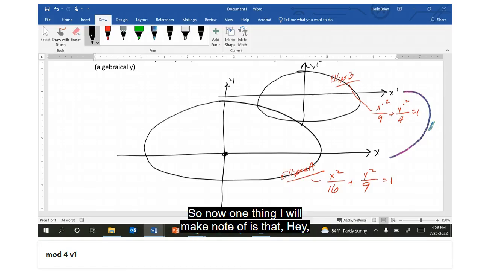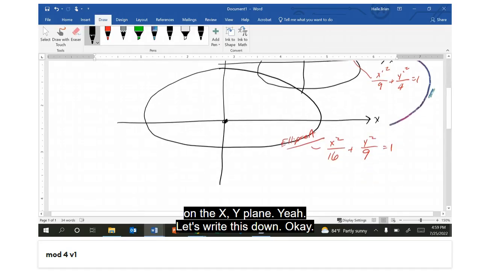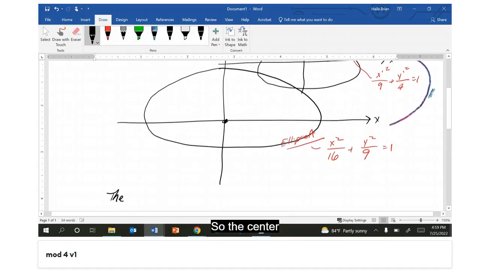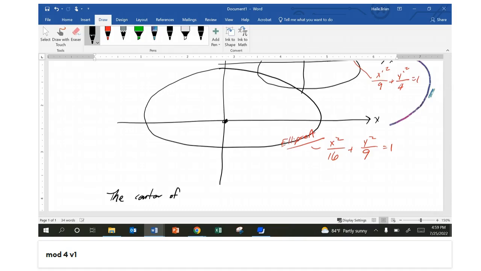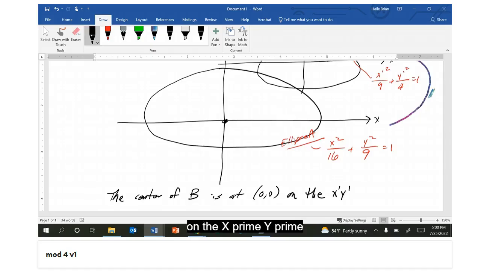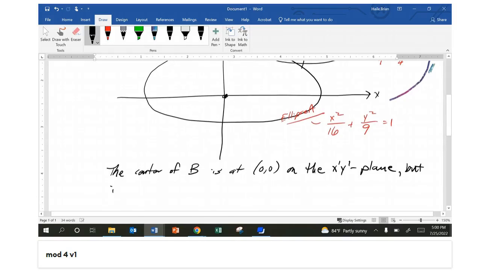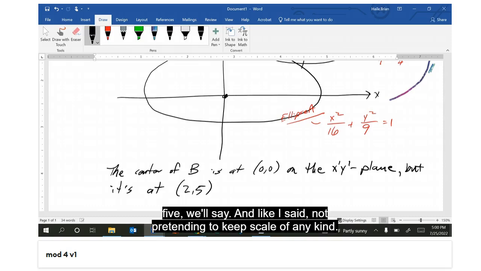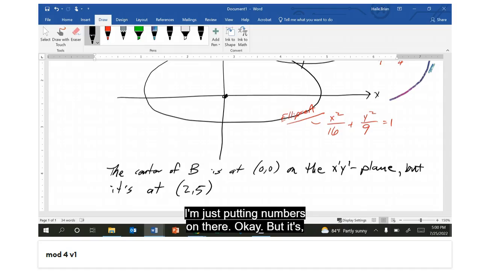Now, one thing I will make note of is that the center of ellipse B is at the origin on the x prime y prime plane, but it's at 2, 5, we'll say, and like I said, not pretending to keep scale of any kind, I'm just putting numbers on there.